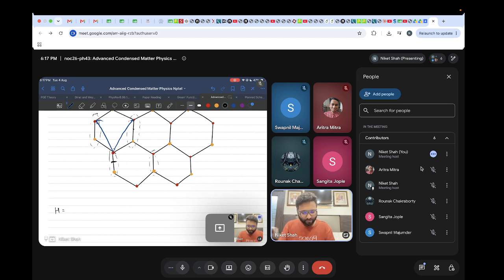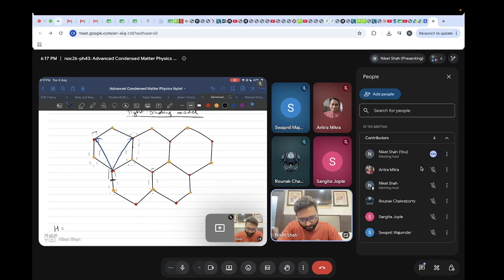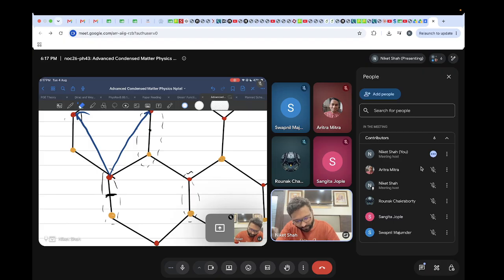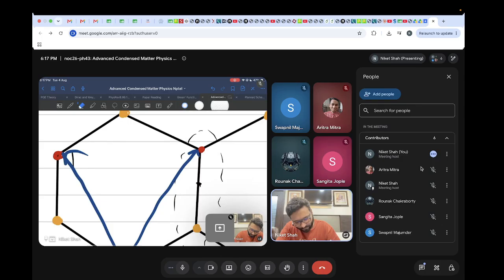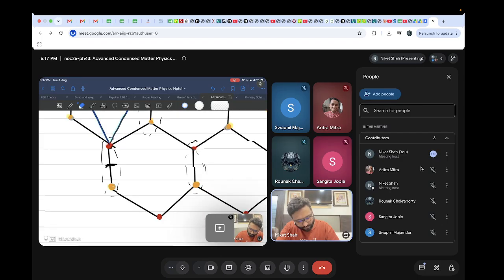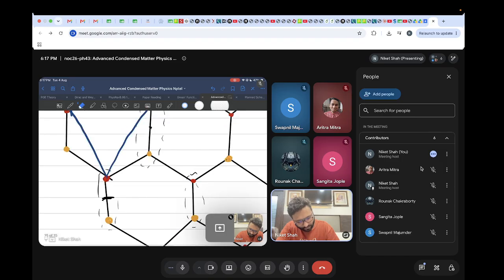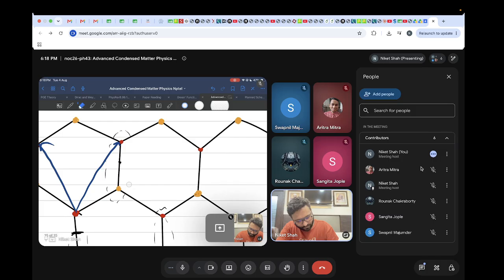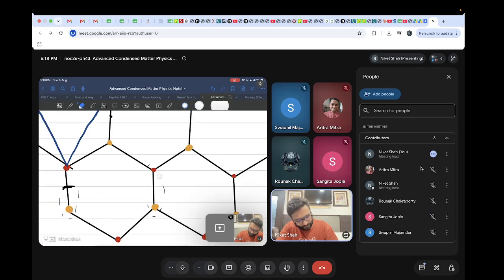All right, so what will we do? I need to consider a unit cell and show all its hoppings.